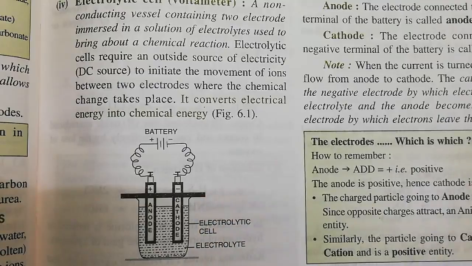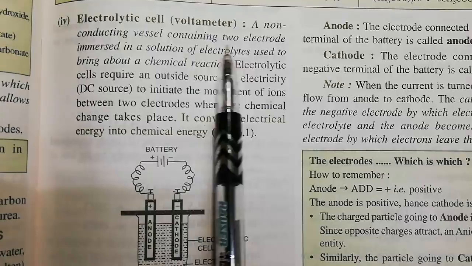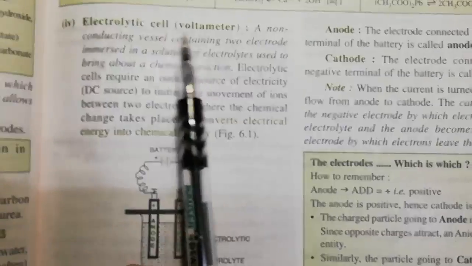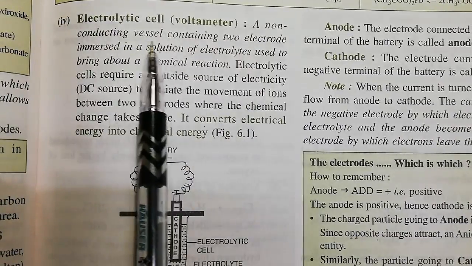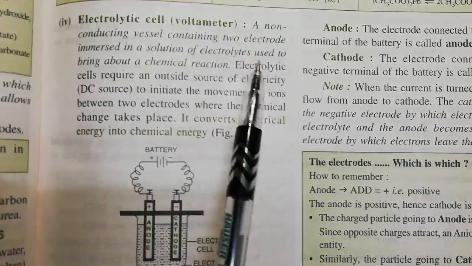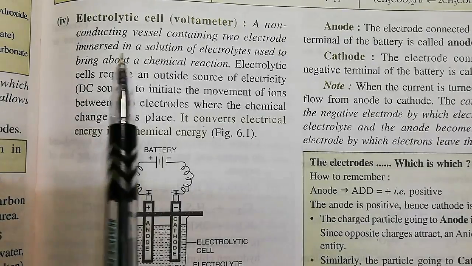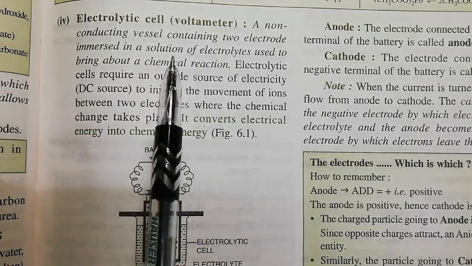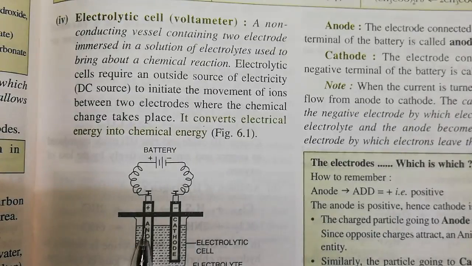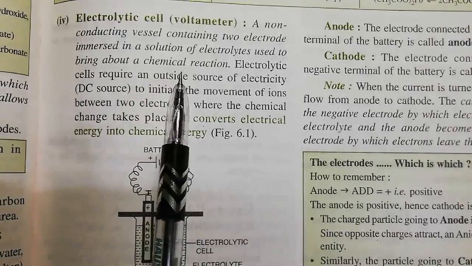Now let's go through what is written here in italics. What is an electrolytic cell? It is a non-conducting vessel containing two electrodes, cathode and anode, together called electrodes, immersed in a solution of electrolytes, used to bring about a chemical change.